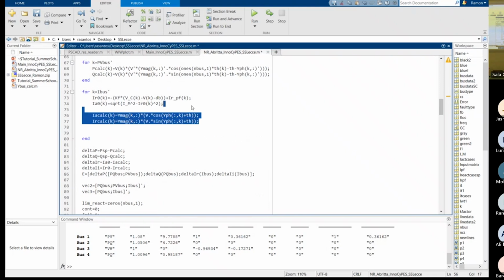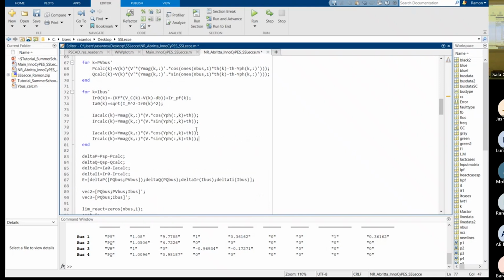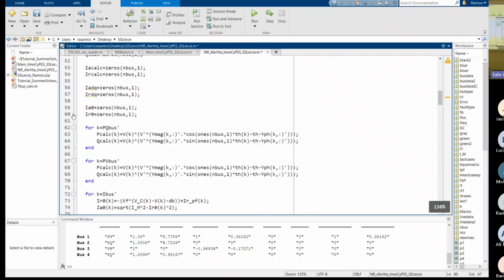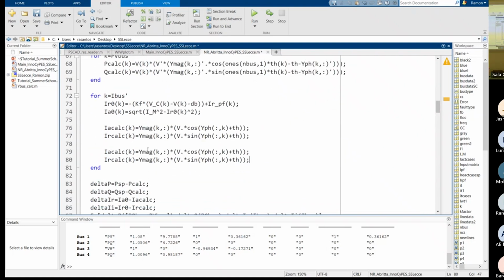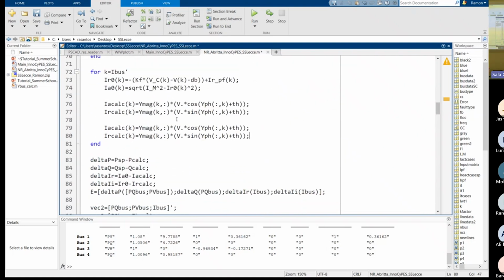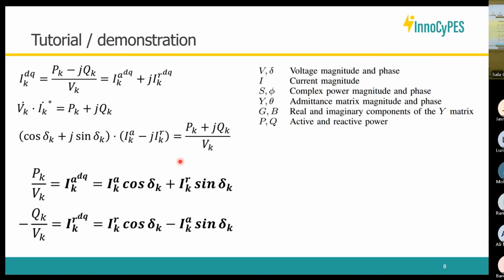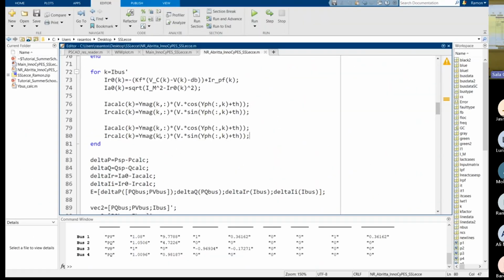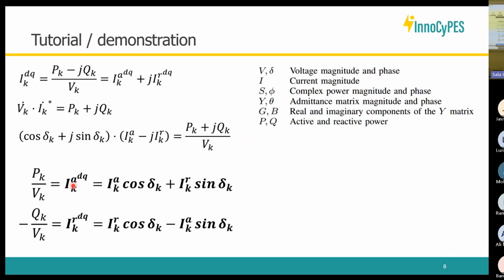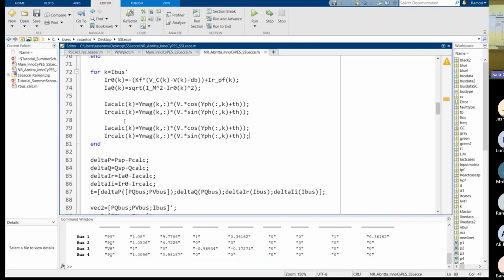And here in this piece of code, it's where I was calculating the currents. So here I will put my new equation. So you can see the active current in the DQ frame, it is the active current times the cosine of the voltage angle. And this here is the active current.